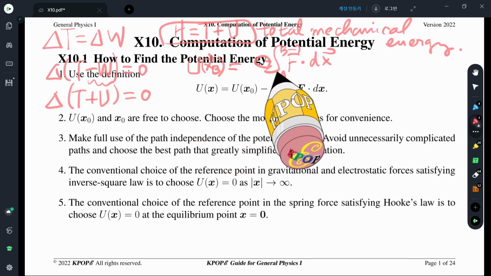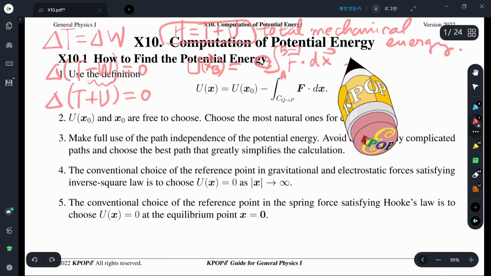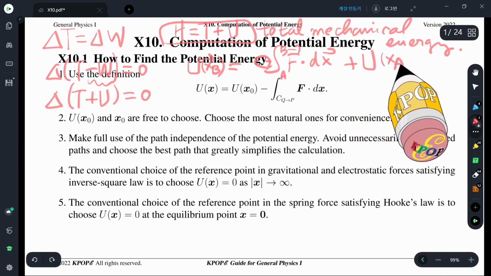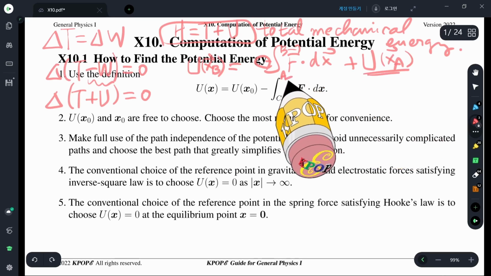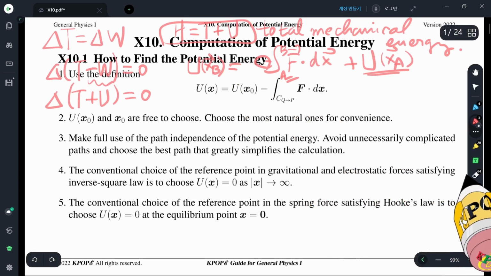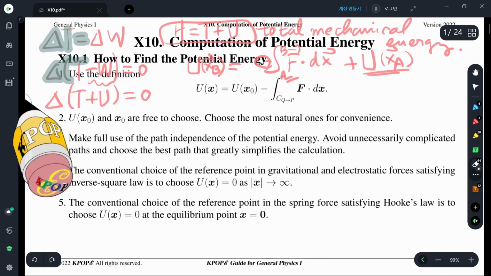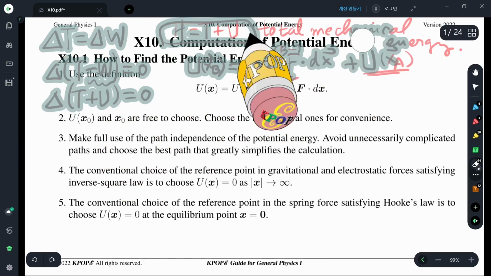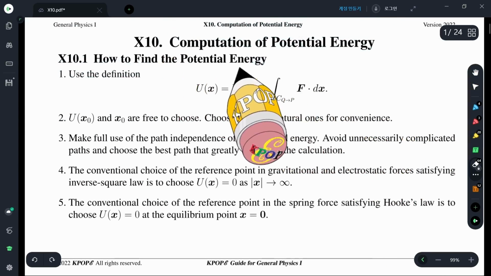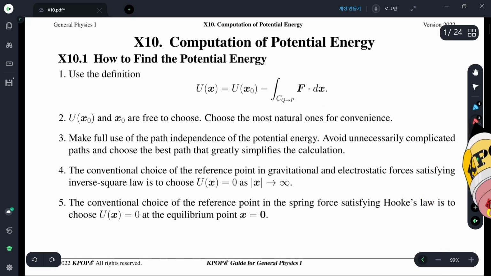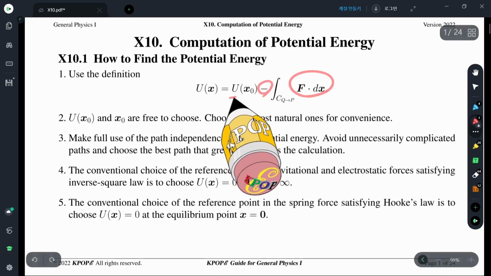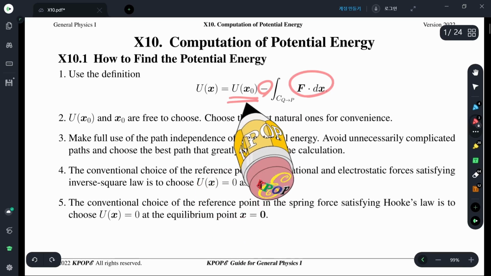But because this is an integral, we need to assign the value of the potential energy at the reference point. So potential energy is work, attach a negative sign on it, and the value at the reference point.